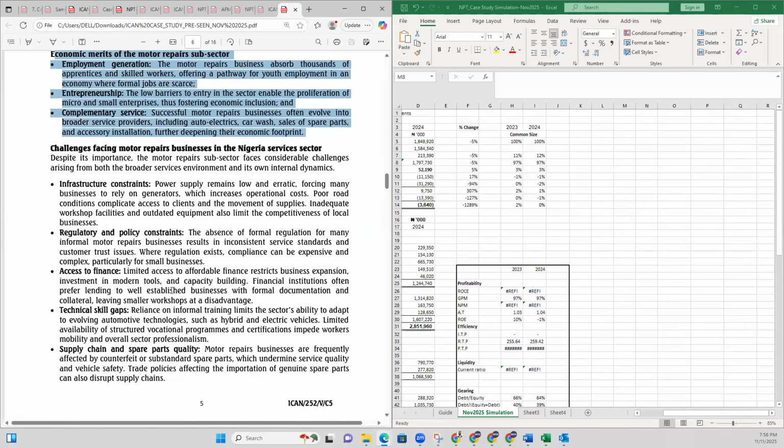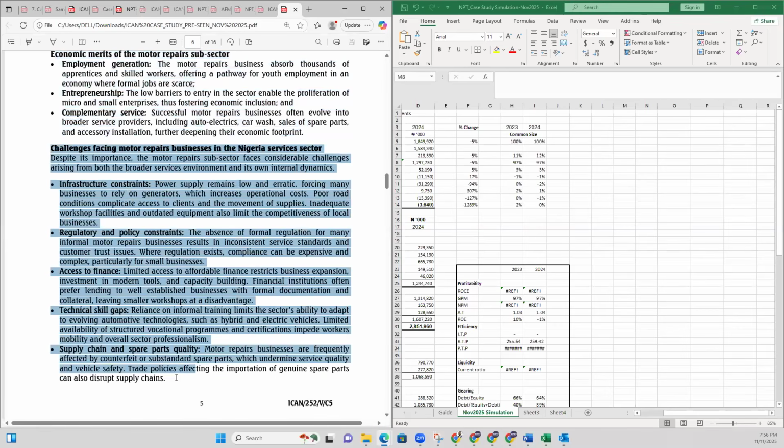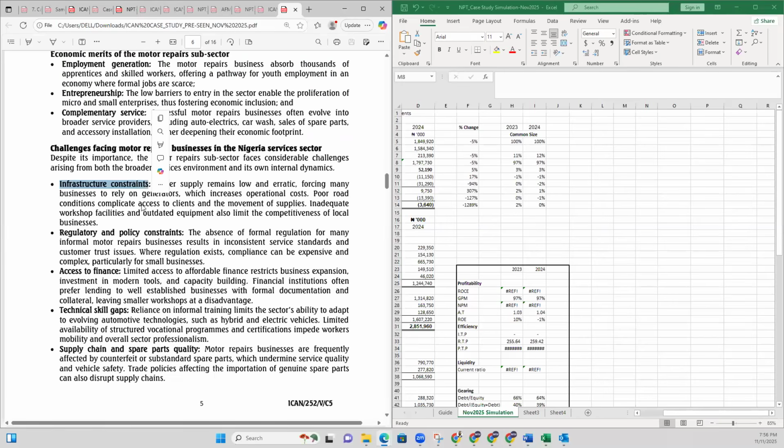And this bit is to tell you that there are quite a number of challenges facing the sector, and we've hinted at the infrastructure constraint. We don't even need to dwell on this. Do you want to talk about power? Do you want to talk about the fact that they don't even have good space?